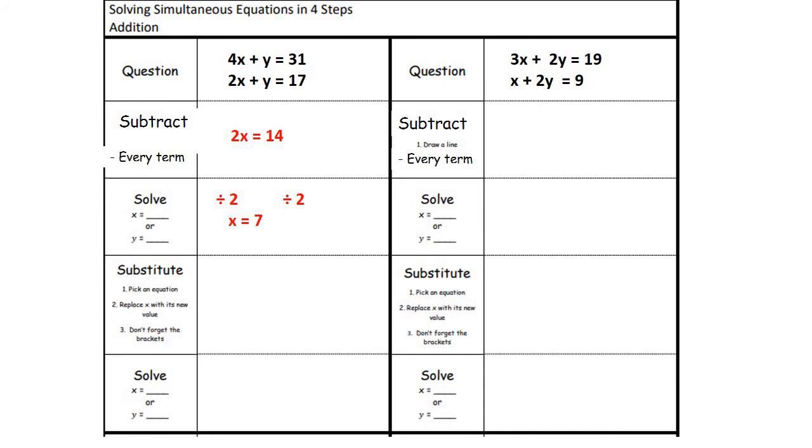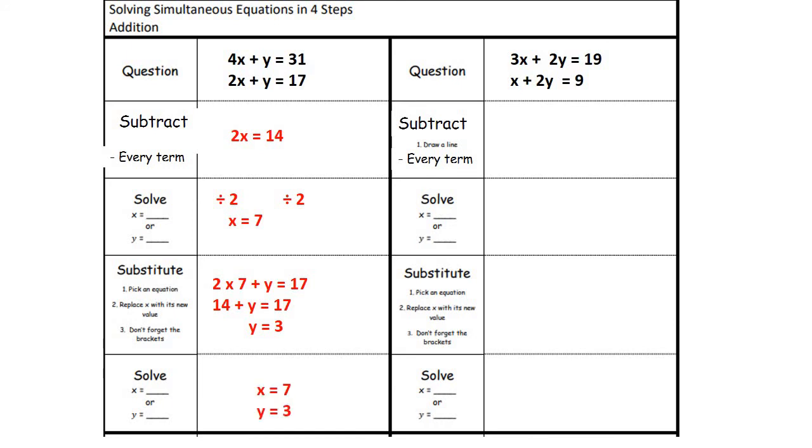And from that point on, it's the same as previously. You substitute x equals 7 into one of the equations. I've chosen the bottom one this time because I just thought the numbers looked a bit easier. So 2 times 7 is 14, plus y equals 17, y is equal to 3.